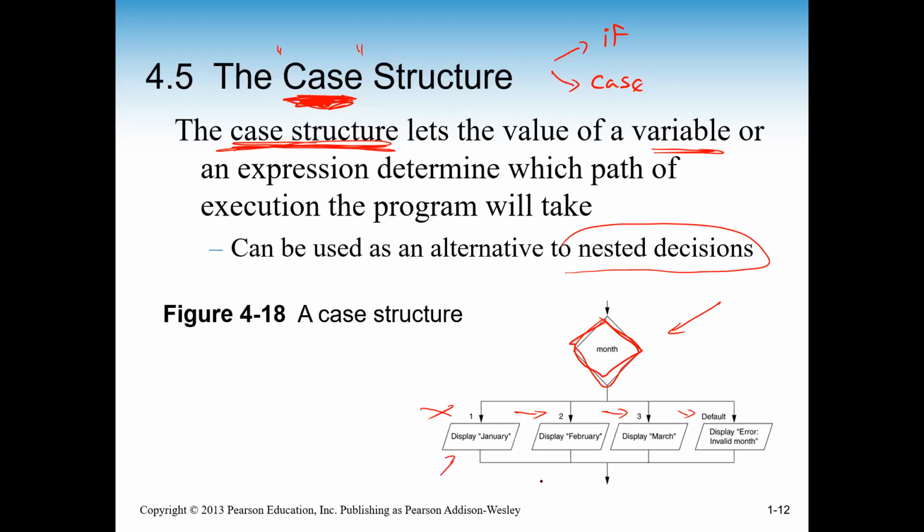So for instance, if it's February, that's month number 2, so number 2 is there. So you go to February, and the path would go like that. And so that's the flow chart of this.